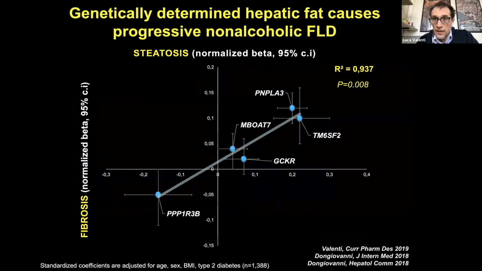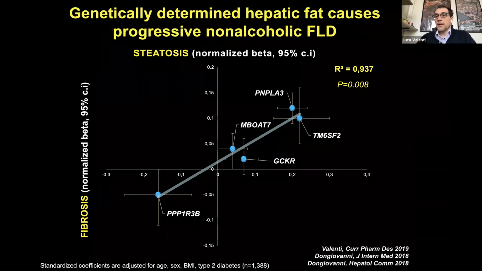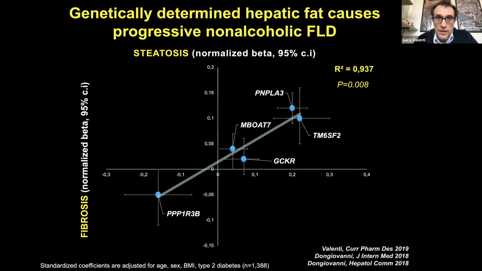So what are the implications of these discoveries on what we know about the pathogenesis of fatty liver disease, and how can we exploit these findings to develop new treatments and new clinical management strategies for this condition?